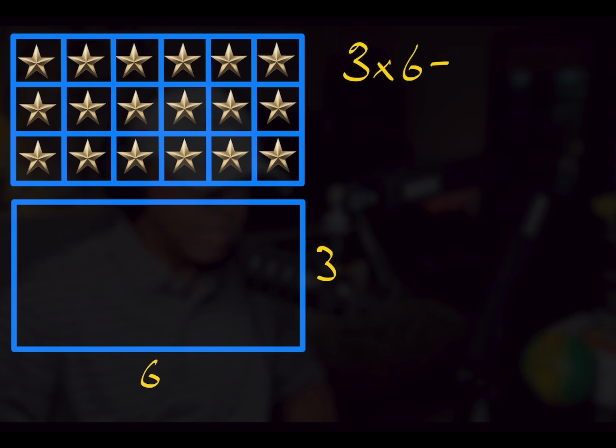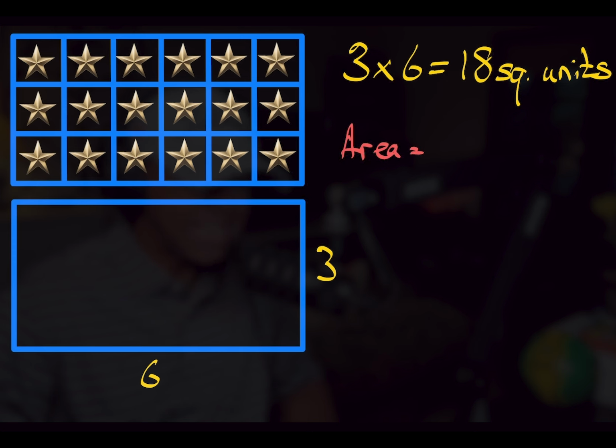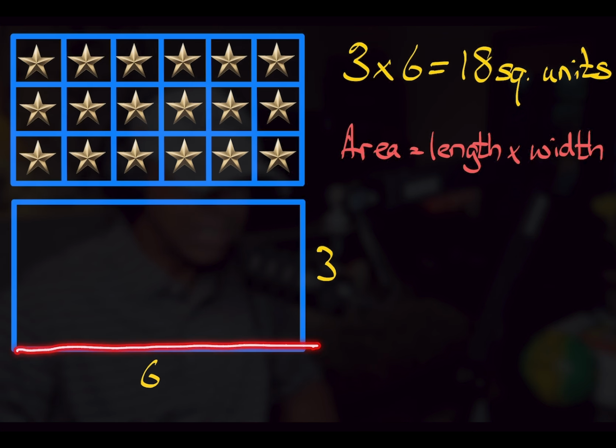The rectangle is 3 units wide, or long, and 6 units wide. The area is the length by the width, which is 3 times 6, giving me 18 square units. Just like I had 3 rows of 6 stars, now I have 3 rows of 6 boxes, 6 squares. Area equals length by width, 3 times 6.